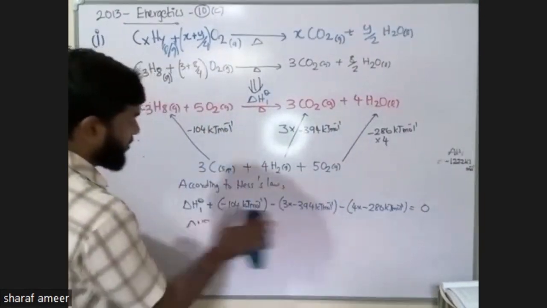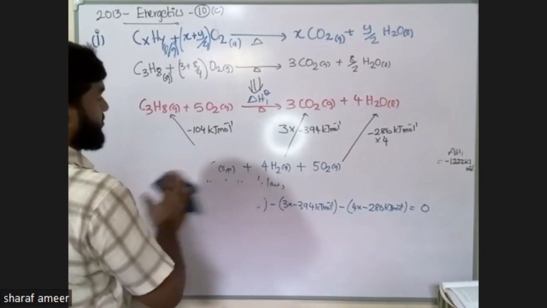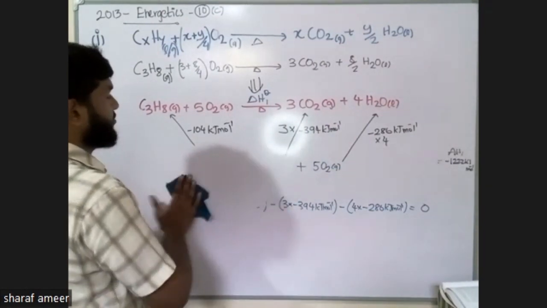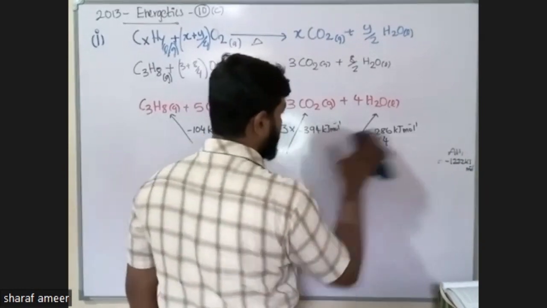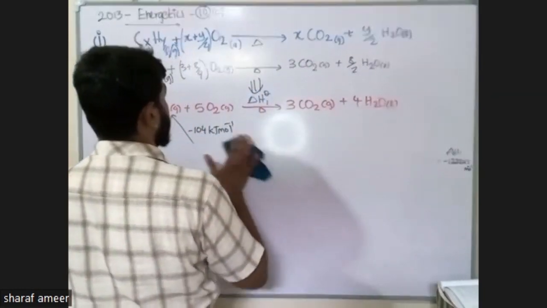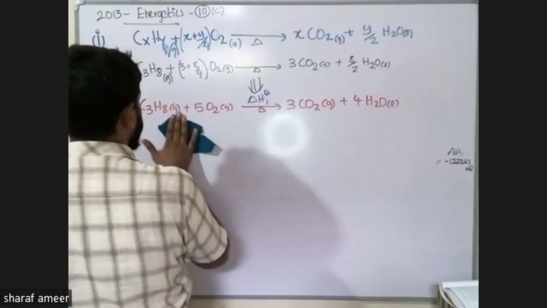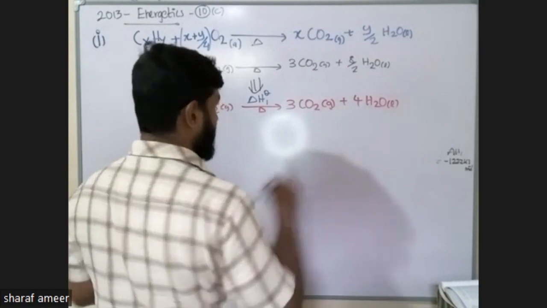If you think of propane, for propane here, we have written for propane here. Let's say if it is for butane, the combustion enthalpy is delta H theta 1.